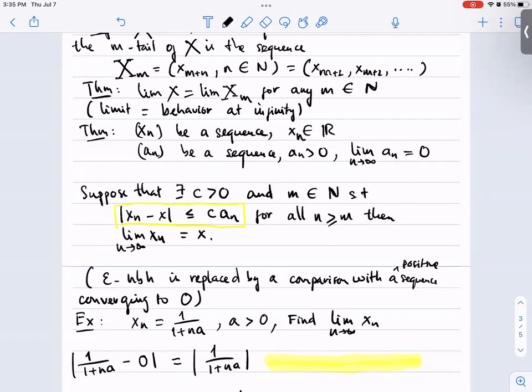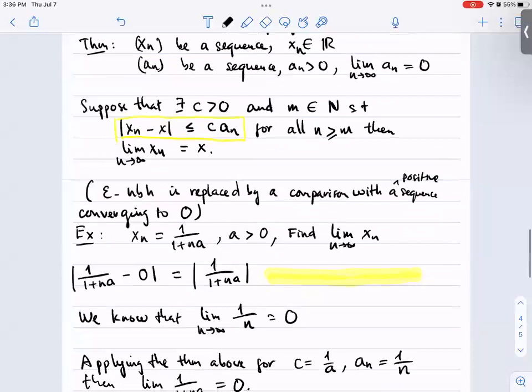Suppose that there exists some number c greater than 0 and some natural number m such that the absolute value of the difference between xn and x is smaller than or equal to c multiplied with an for all natural numbers n bigger than or equal to m, then the limit of xn is equal to x.